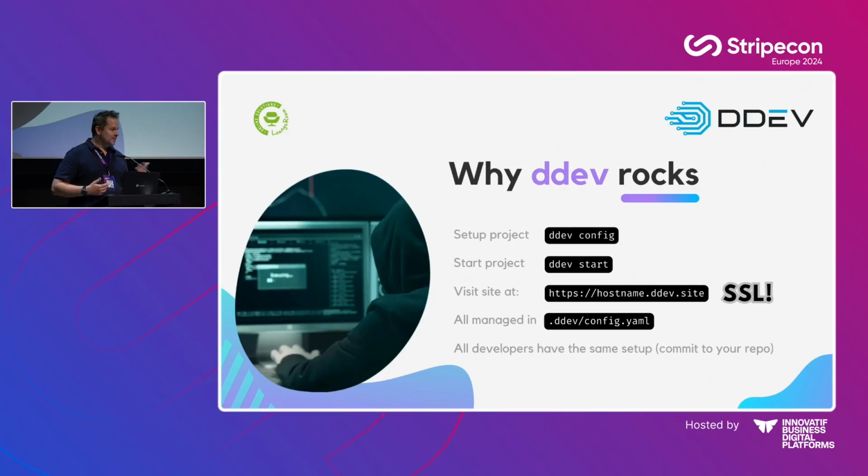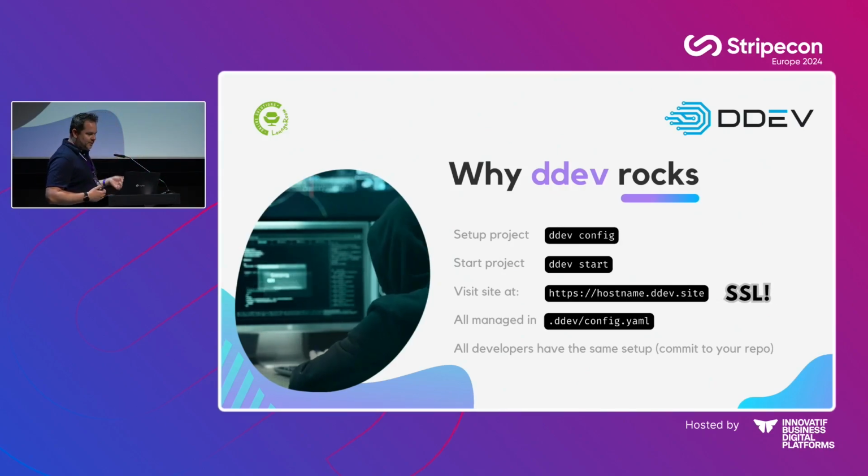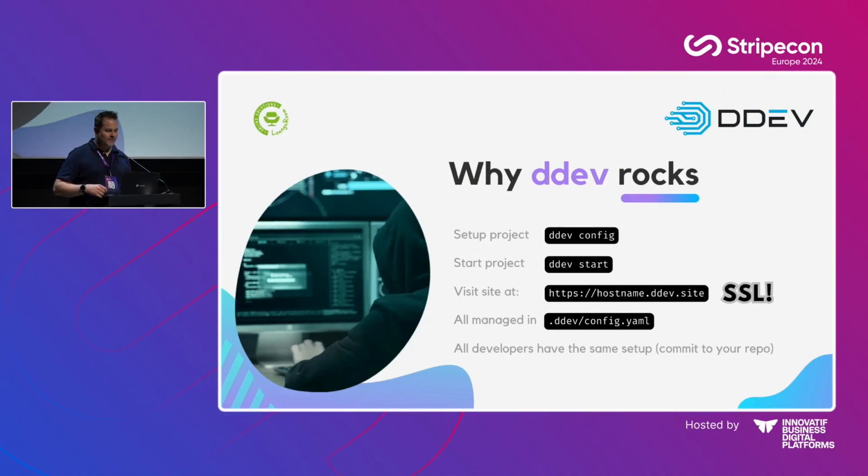Then you can visit your website. It's always the same structure: the host name you choose, .ddev.site, SSL signed. You have an SSL signed local environment. And this is all managed in one YAML file, config.yaml, so you can commit it to your repo, and every other developer working on your team has the same setup out of the box.